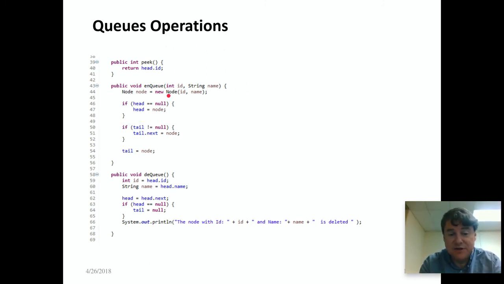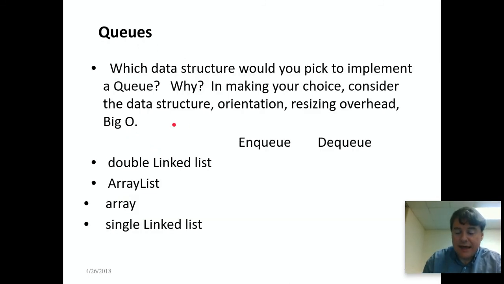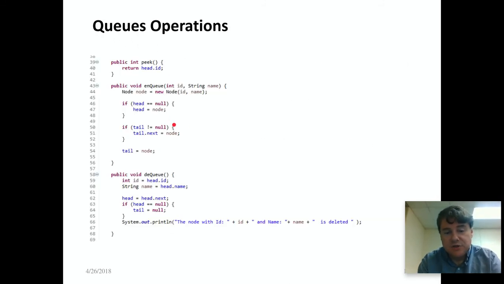If the list is currently empty, then we know that the head is going to point to the new node that we're putting in. We stick all the data in the node, and we set head pointed to it. That means we now have a list with one item in it. If it is not empty, then we are going to walk our way down until the tail pointer is pointed to null.